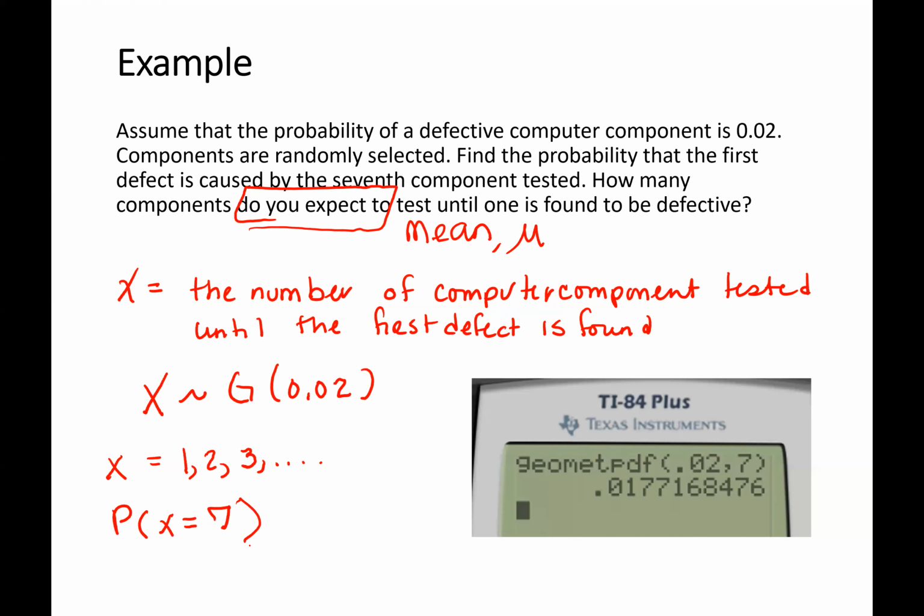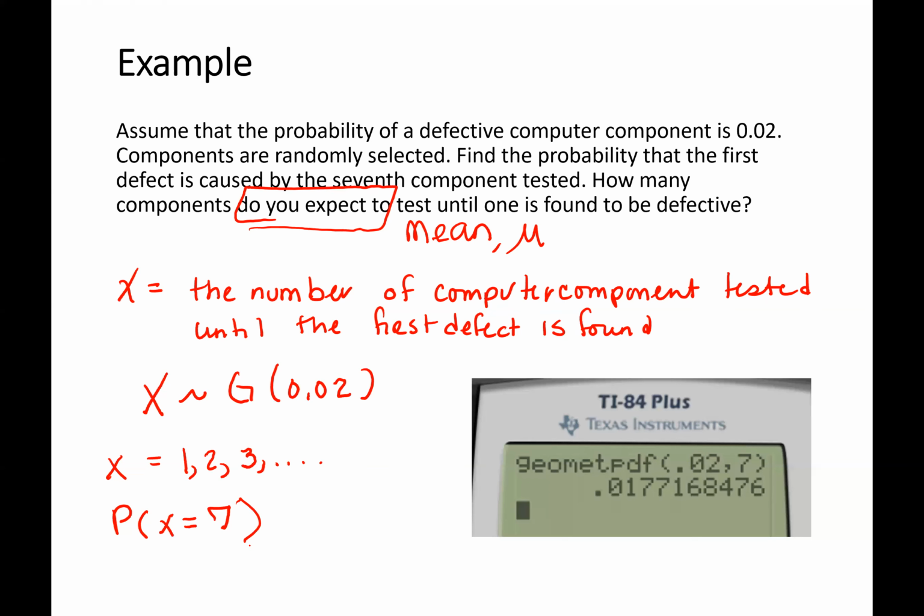So in this case, we would not use geometric CDF. We would not use the cumulative distribution. We would use the exact distribution. We would use geometPDF because we're interested in what's the probability that I pull exactly 7 components before I find one that's defective.